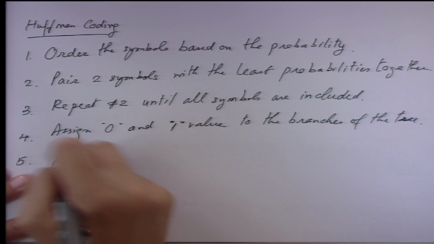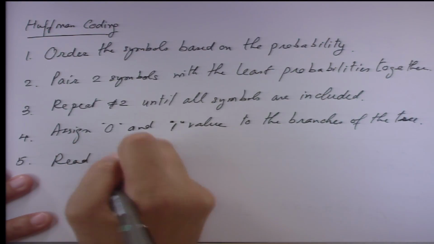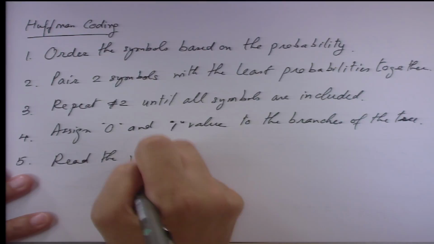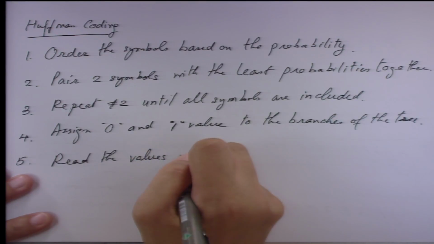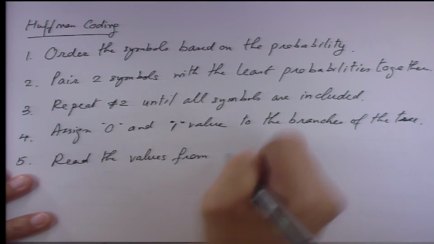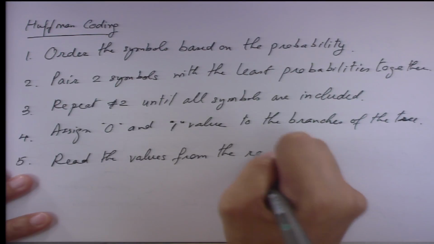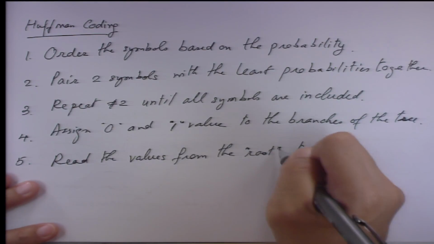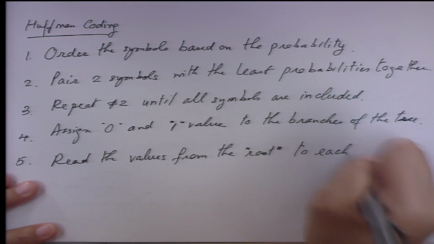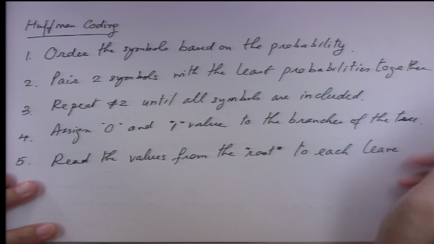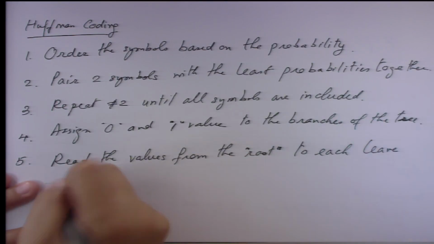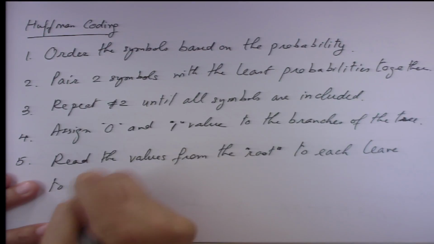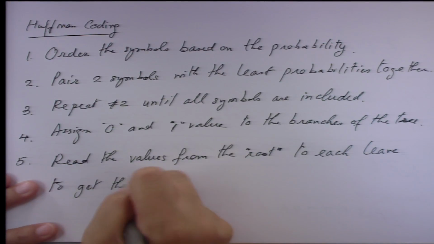Five, read the values from the root to each leaf to get the Huffman code.